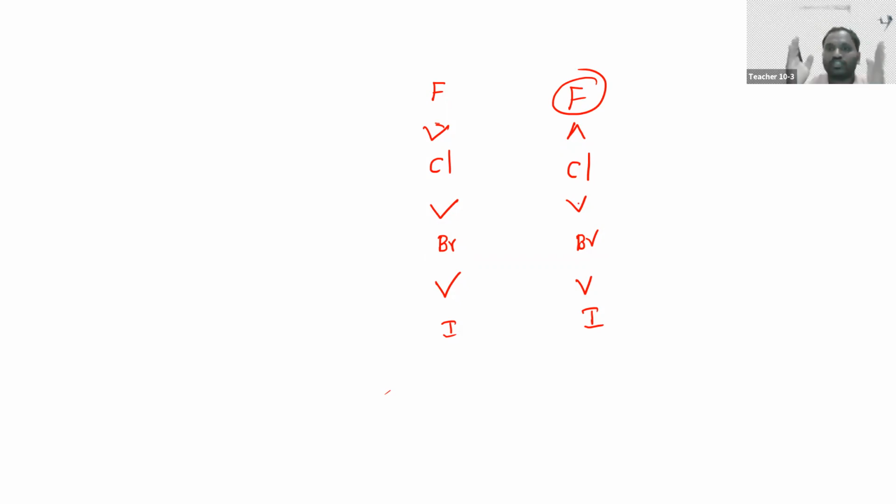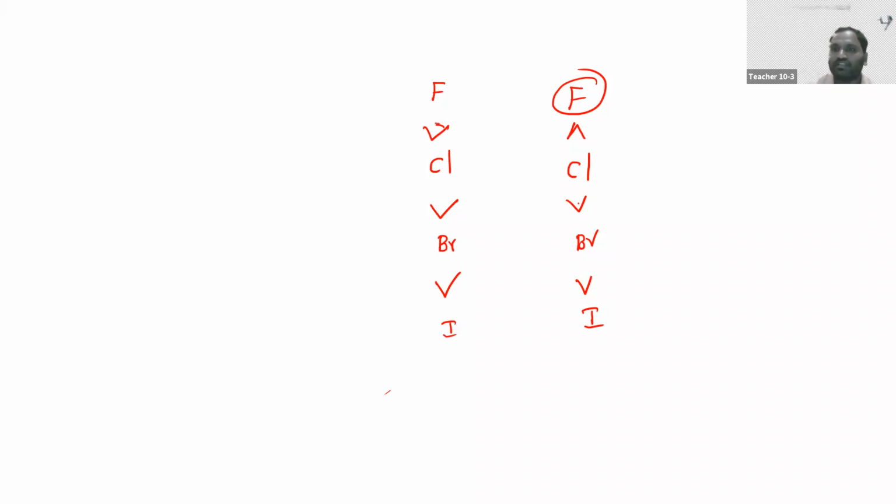Electronegativity is different, electron affinity is different. Understood, students? Most of the students have this doubt. What is the difference between electronegativity and electron affinity? Electronegativity is just a tendency, a tendency of accepting electrons.